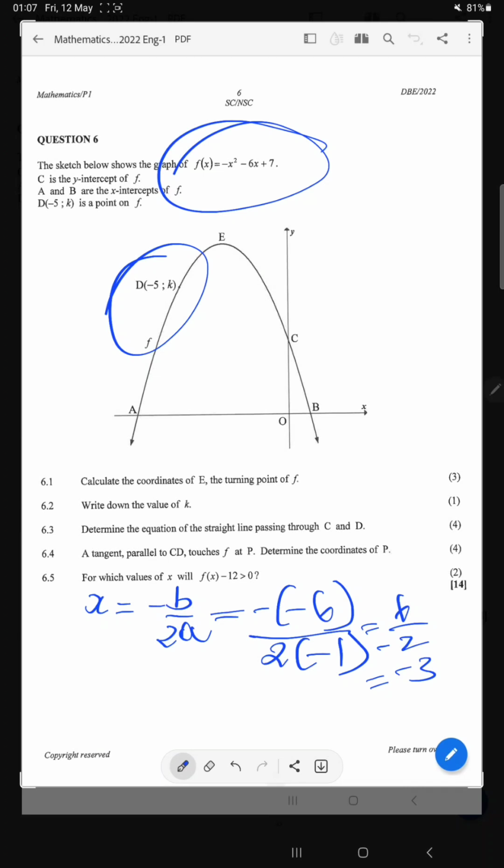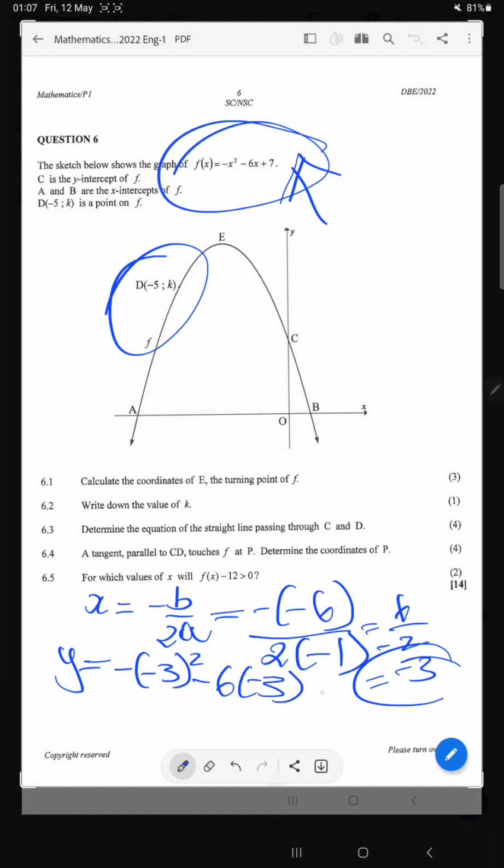To get the y coordinate of the turning point, we're going to replace x with minus 3 in the equation. Therefore, it's going to give us minus 3 to the power 2 minus 6 multiplied by minus 3 plus 7.